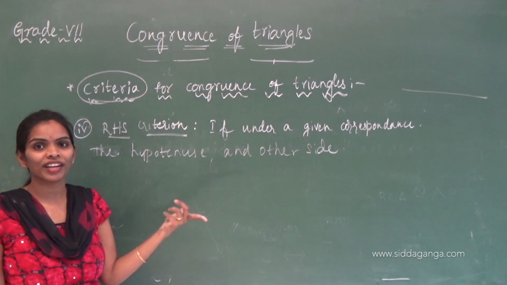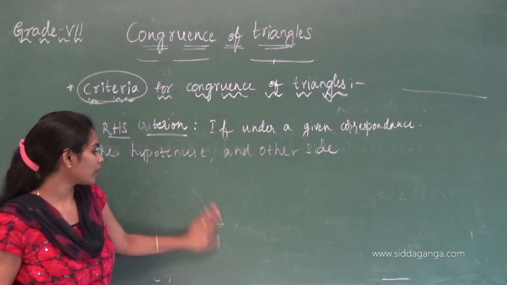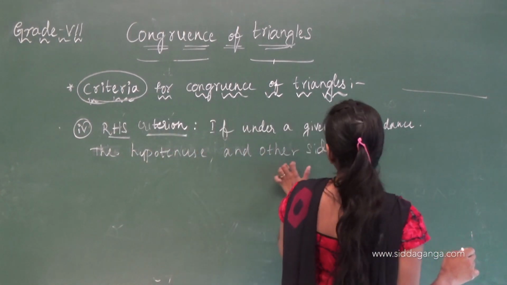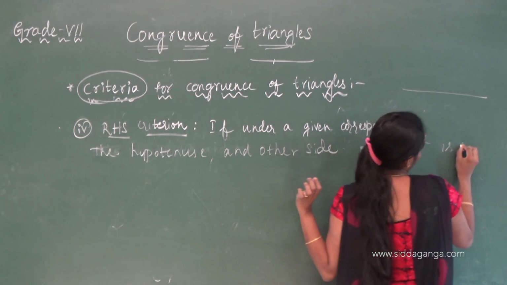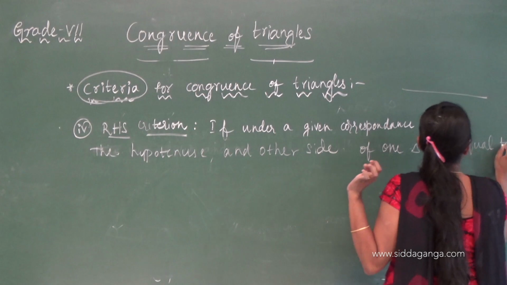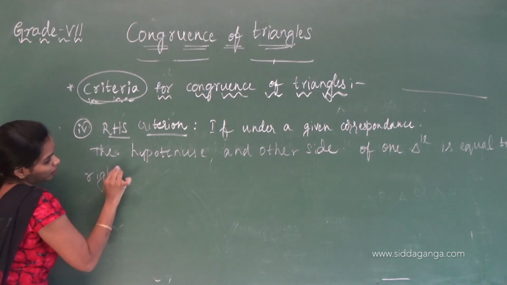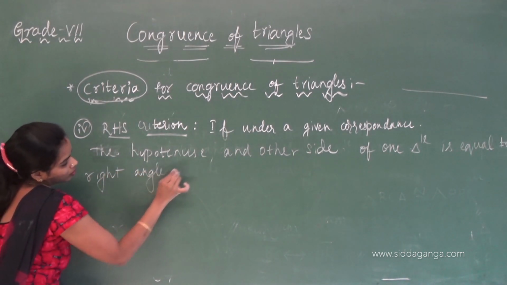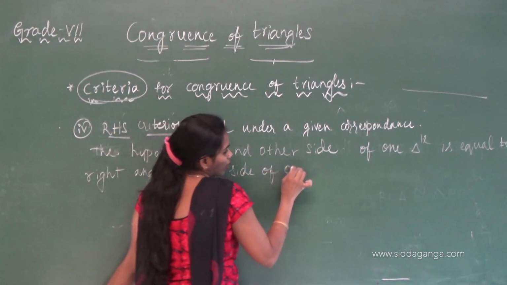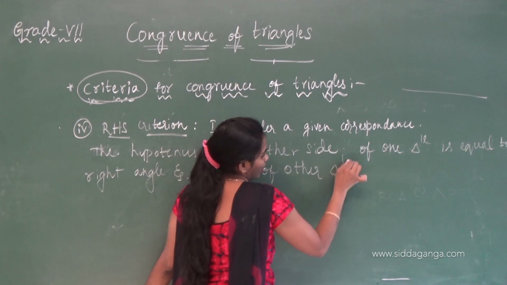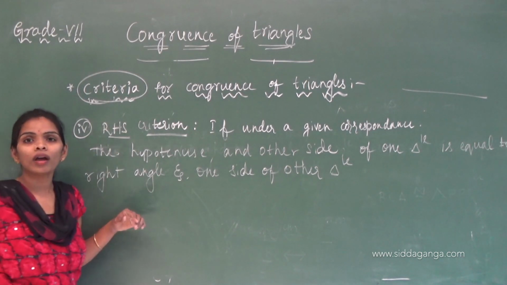Two arms which are generated from the right angle, any one of these two. Okay, if the hypotenuse and other side of one triangle are equal to the hypotenuse and one side of the other triangle, then we can tell the two triangles are congruent.